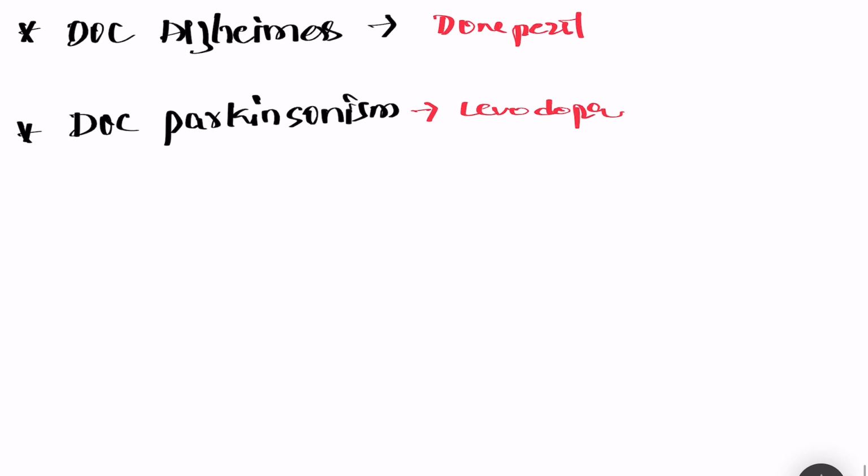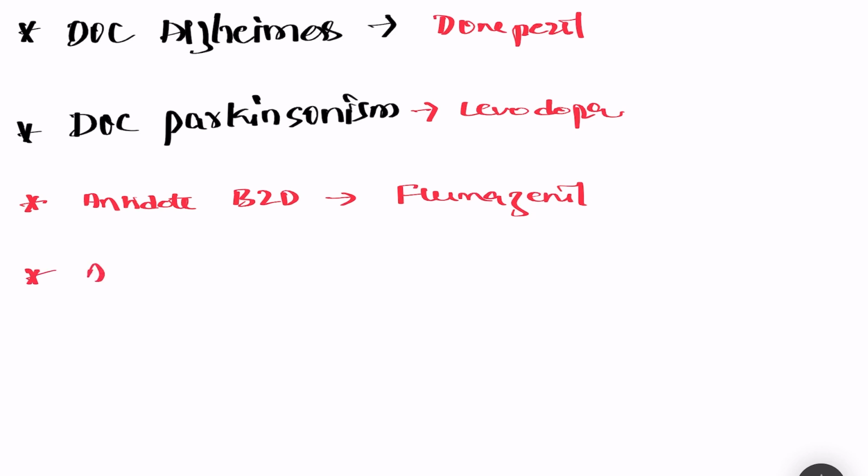So apart from that, you should also remember which is the antidote for benzodiazepine overdose. The answer will be your flumazenil. So which is the antidote for paracetamol poisoning?